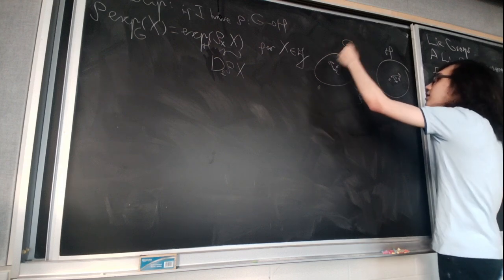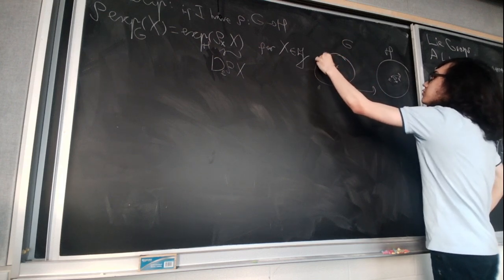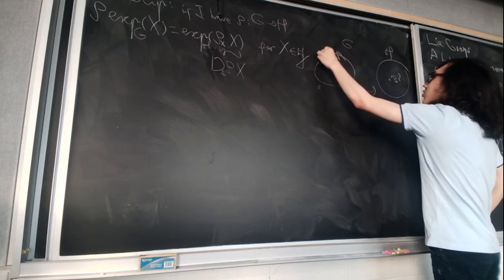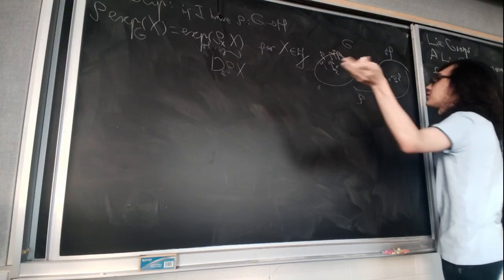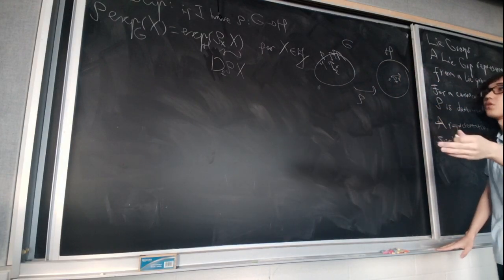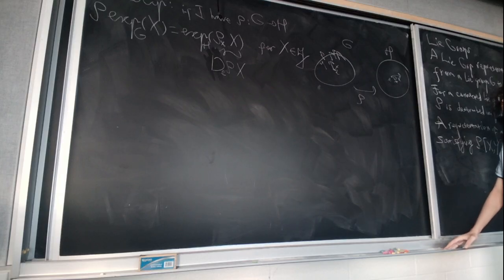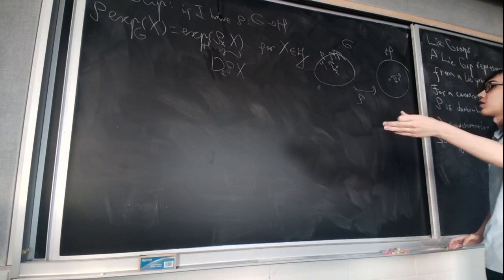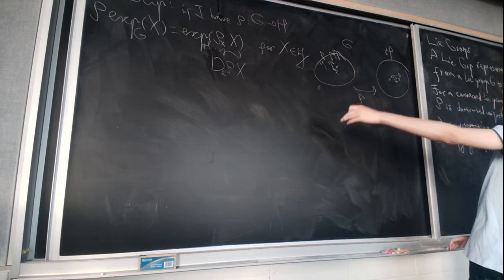So in a sense, we just duplicated it all over the Lie group to get some kind of vector field. And then we generated a solution for that vector field, flowed along the solution for 1 unit of time, and that was the exponential map.